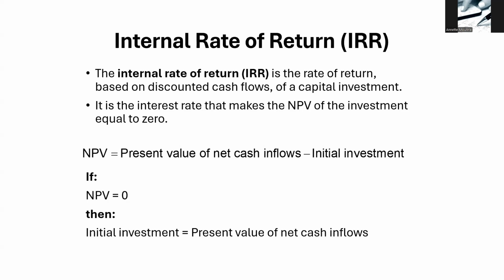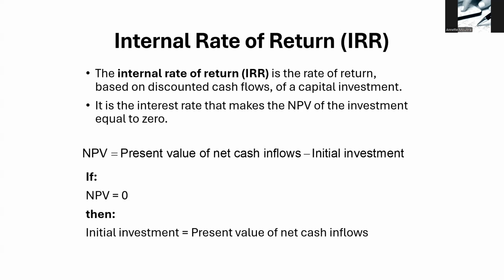Internal rate of return. The internal rate of return is the rate of return based on discounted cash flows of a capital investment. It is the interest rate that makes the NPV of the investment equal to 0. So when net present value is calculated, the present value factor is selected using the company's required rate of return.